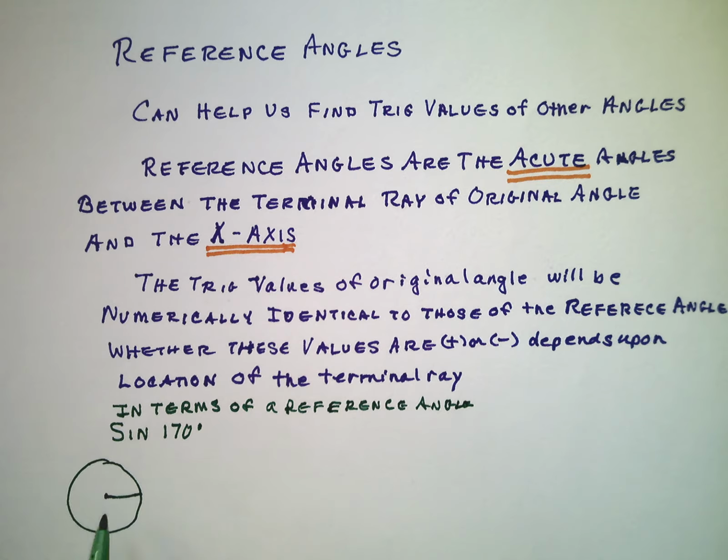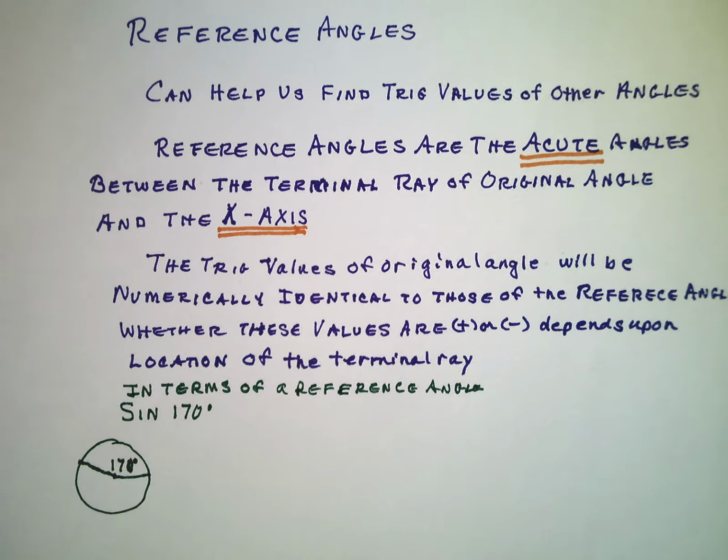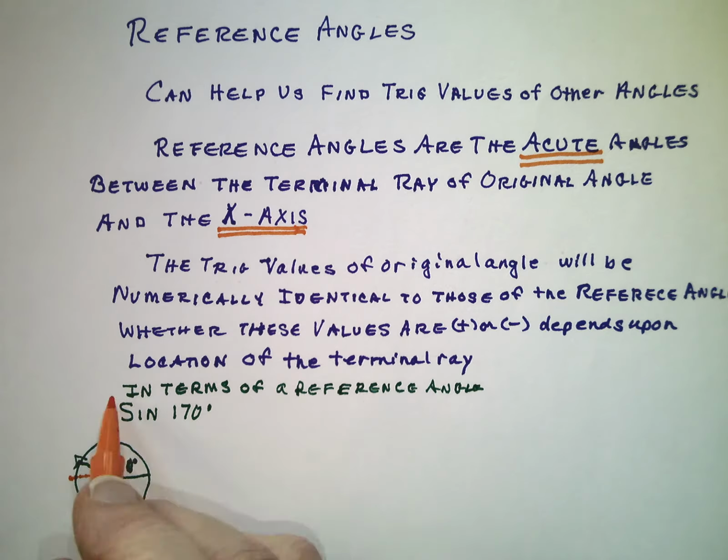So 170 degrees, that should be just shy of 180 here. Now the reference angle is going to have to be between that terminal ray and the x-axis. And it's got to be acute, so it can't be all of this. The reference angle is right here. That's the reference angle.